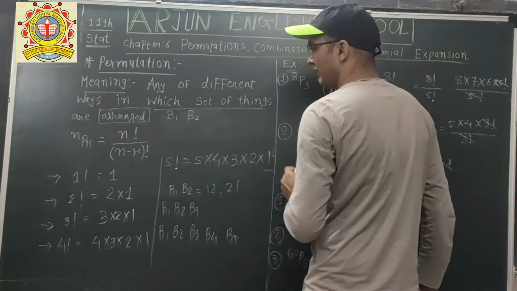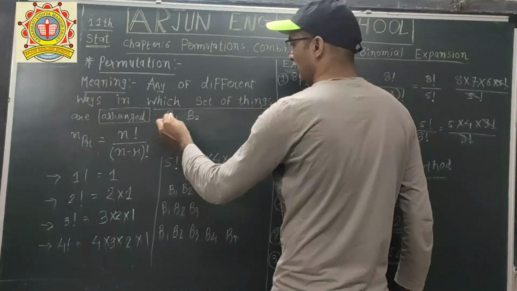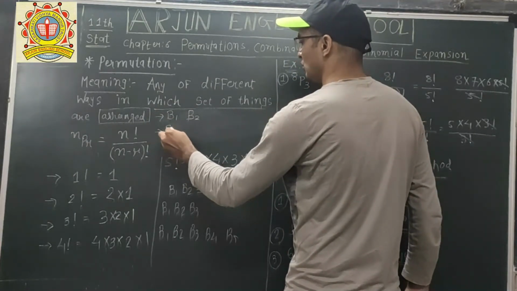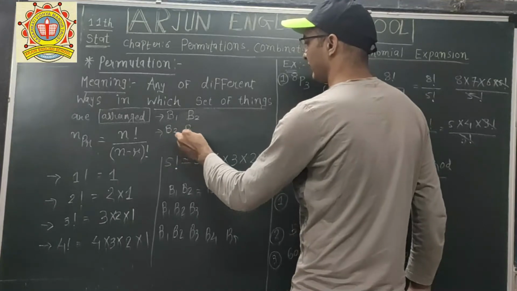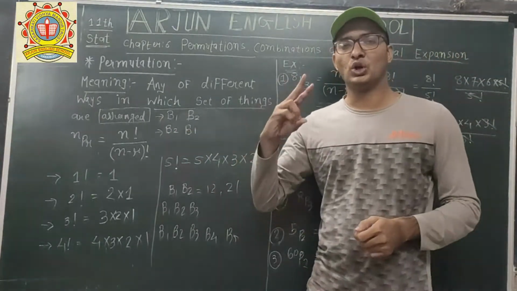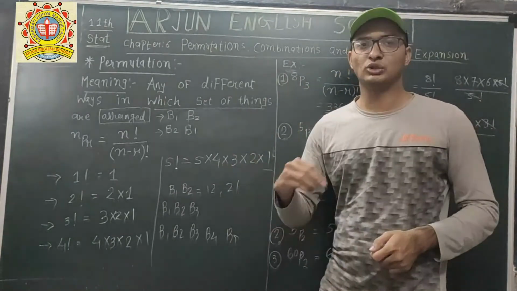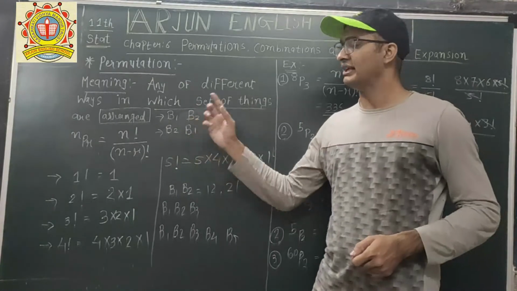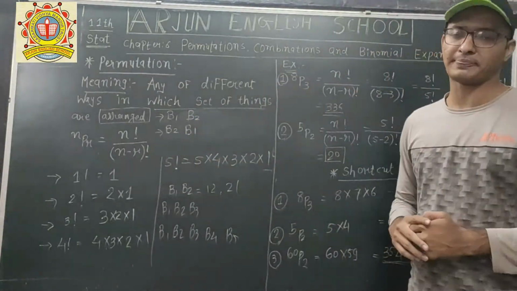So arrangement of B1 and B2, first of all it is B1 and B2, and we can say B2 and B1. It means if there are two things, or two boys or two girls or whatever, these two things are arranged in two different ways.